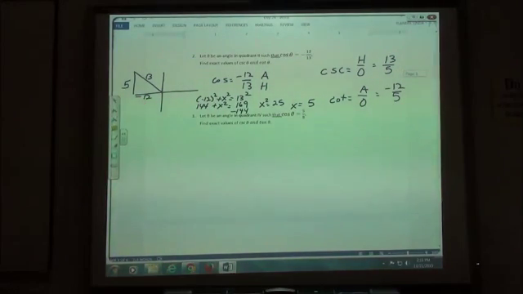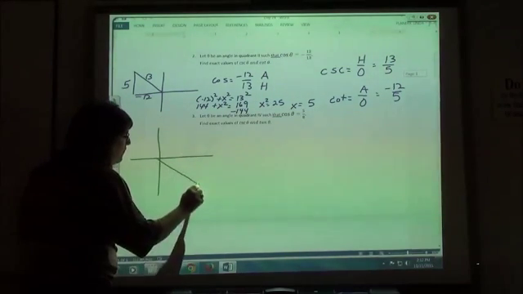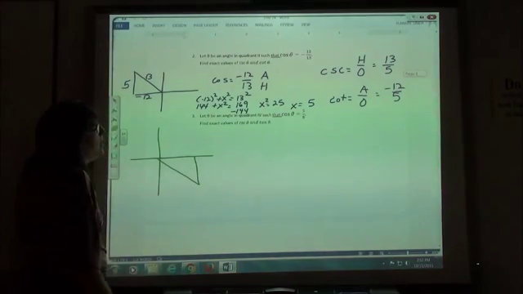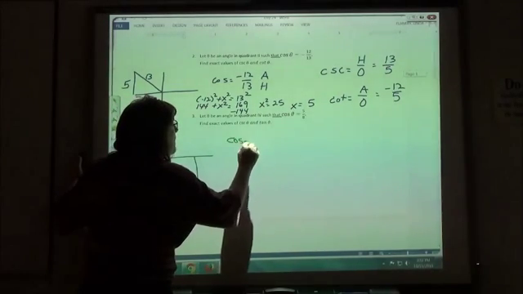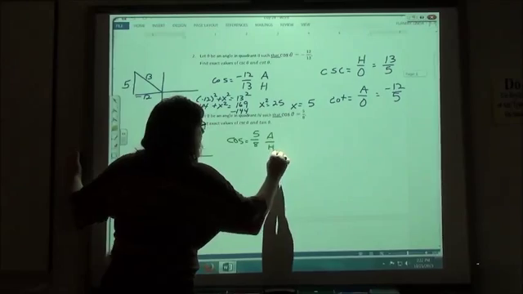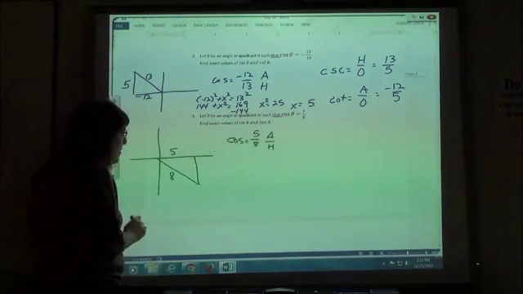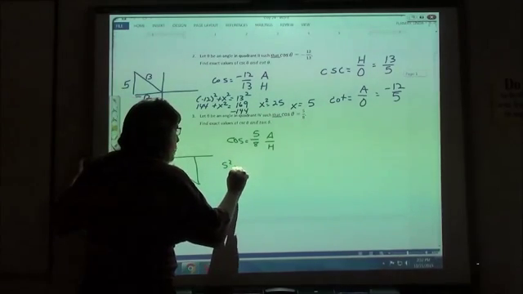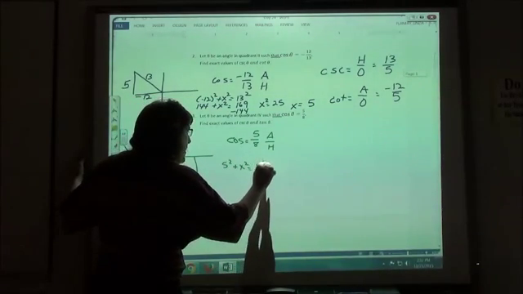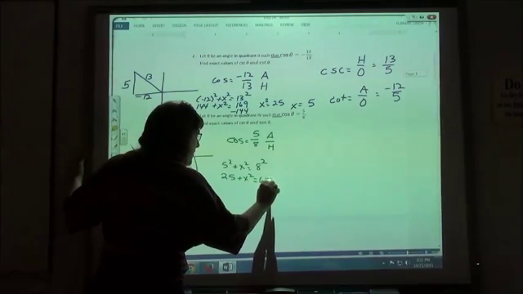Number 3, let theta be an angle in quadrant 4. So quadrant 4, my reference angle's over here. My cosine is 5/8. My cosine is the adjacent over the hypotenuse, so 5 and 8. Using my Pythagorean theorem, 5 squared plus x squared equals 8 squared. 25 plus x squared equals 64.